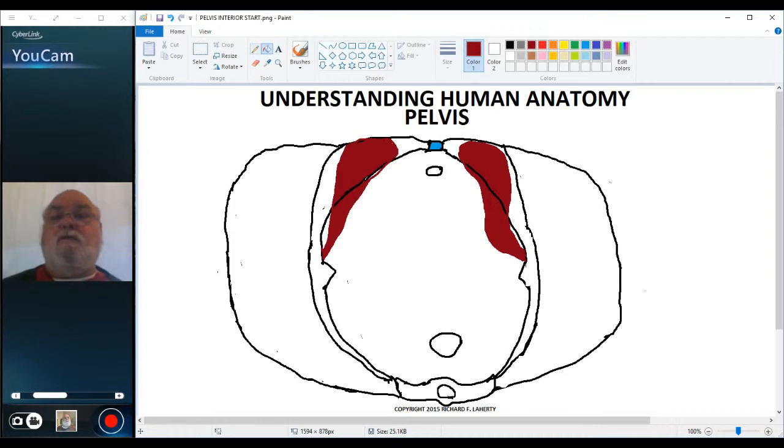The next muscle I want to sketch in takes origin from the anterior surface of the sacrum. So we'll draw it in down here, and this is the piriformis muscle, and it passes out through the greater sciatic foramen. So we'll draw it in like so, and then color it in. It also inserts on the femur.